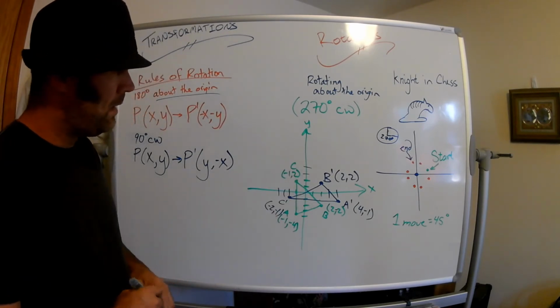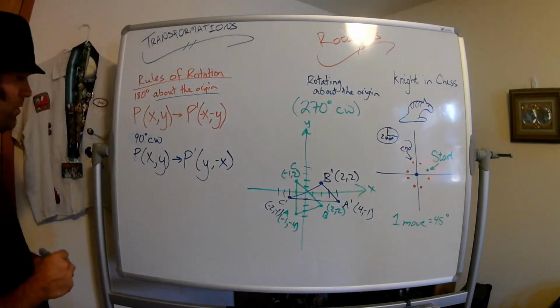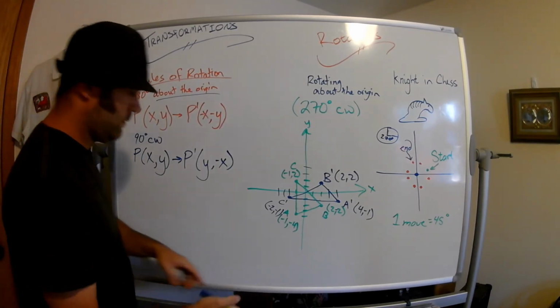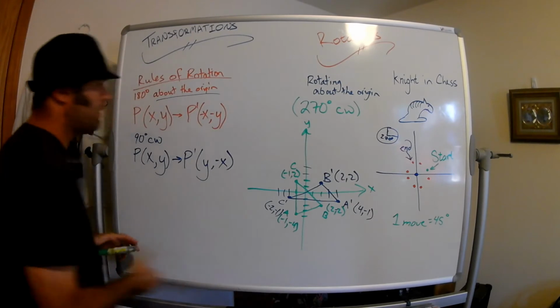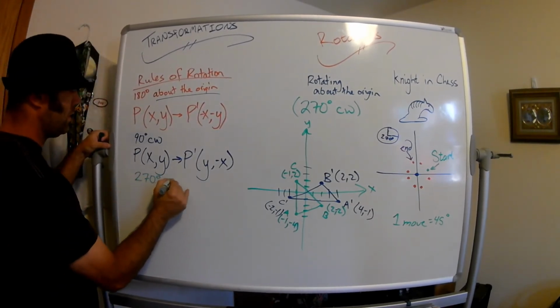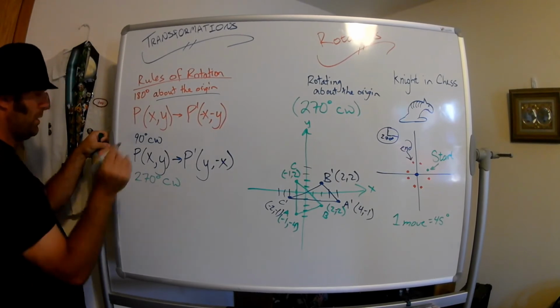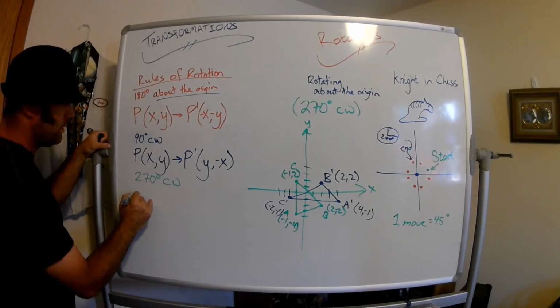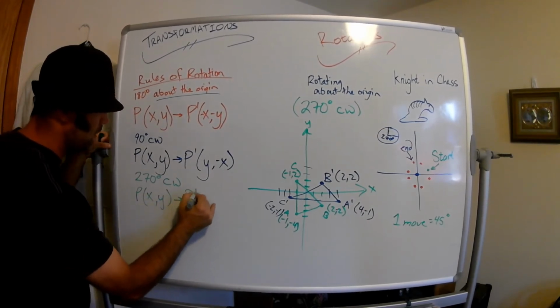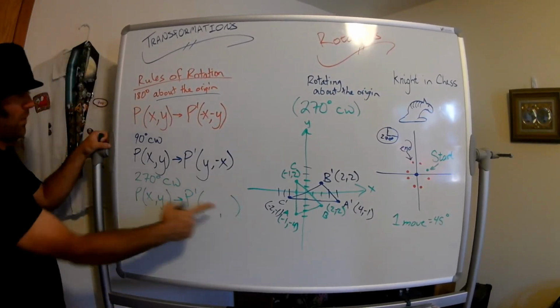Okay, so let's go ahead and get our last rule up, and that is, let's do a different color. Do green here, 270 degrees clockwise. So we need to figure out what that rule is.